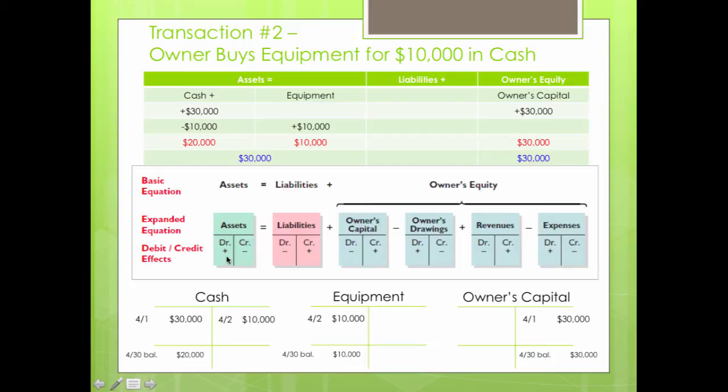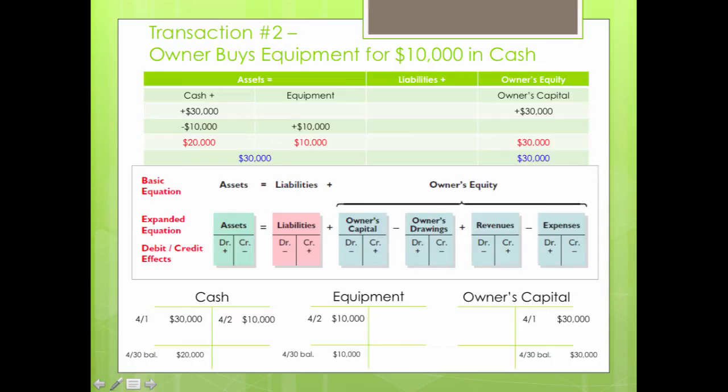In this case, you will have a new T account and label it equipment. And you will increase this account because you are adding equipment to your business. So in order to add or increase an asset account, you record it as a debit, or on the left side. So on April 2nd, we recorded equipment for $10,000 as a debit, or on the left side.